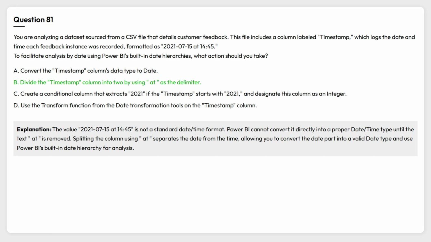Power BI cannot convert it directly into a proper date or time type until the text at is removed. Splitting the column using at separates the date from the time, allowing you to convert the date part into a valid date type and use Power BI's built-in date hierarchy for analysis.